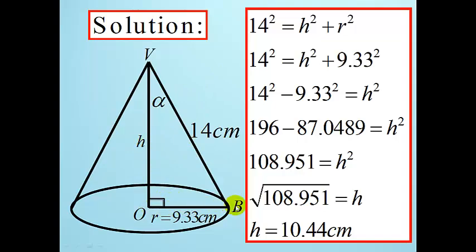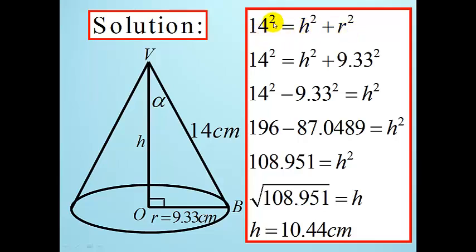That is side OB, that is 9.33, and the side VB, the hypotenuse, that is 14 centimeters. Now take note that from the Pythagoras theorem, considering a right angle triangle, in this case our right angle triangle is VOB, the square of the hypotenuse is equal to the sum of the squares of the other two sides, that is the h and the r.